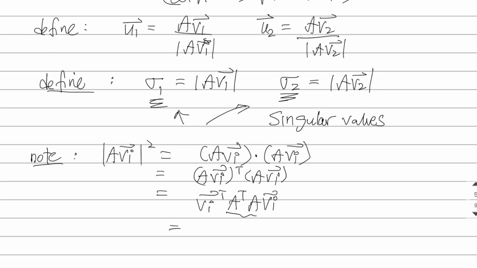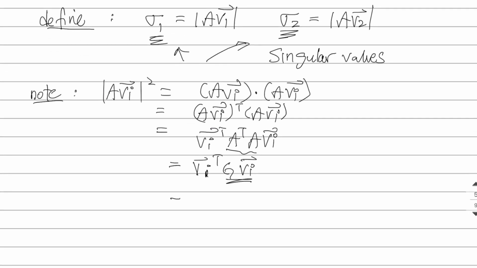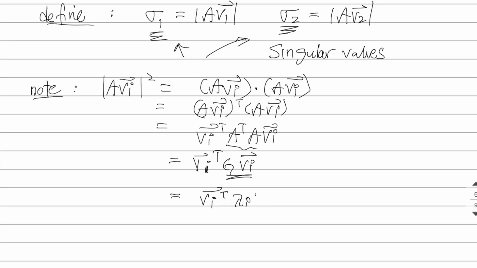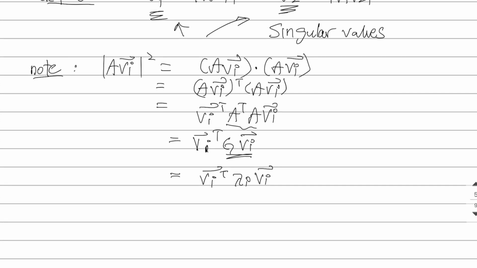This part in the middle is going to turn out to be that special matrix G. And just like before, this term here is just the definition of our eigenvalue and eigenvector. And that's a scalar, so we can put it out front. So we'll have lambda i times essentially Vi dotted with Vi. And because this is an orthonormal basis for the input space, that's got to be 1.